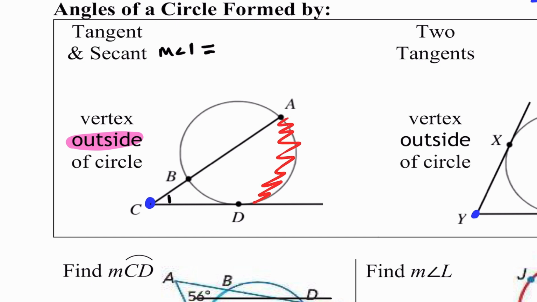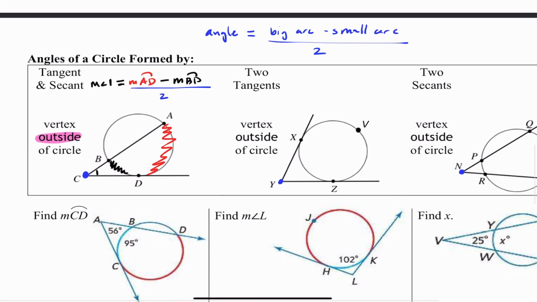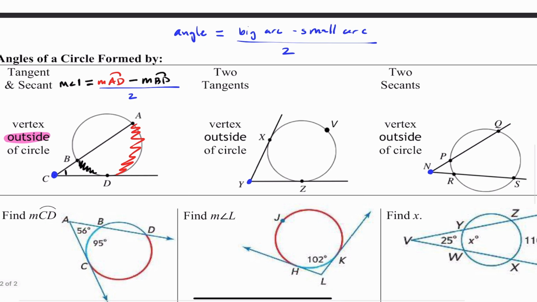So that is the measure of arc AD minus the smaller arc over here, which is what? Measure of arc BD. And then we're going to write all over 2. Okay? So that's the same idea with these two examples.